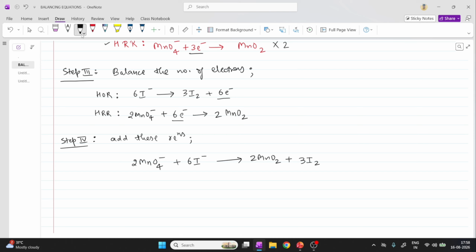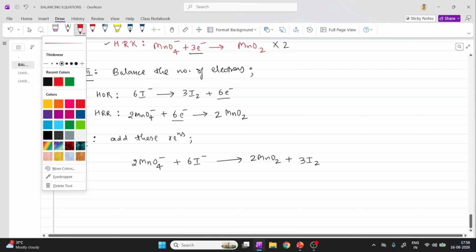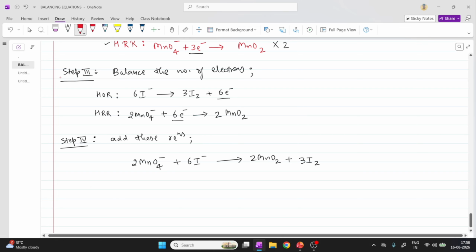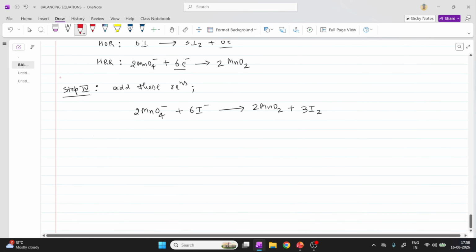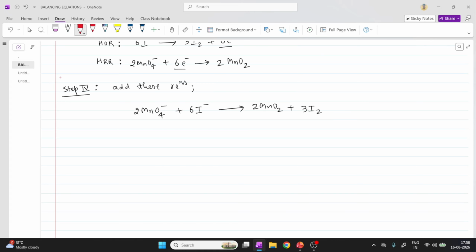Fine. So next step, I am writing again, step 5. After adding these two reactions, step 5 is balance charge. I'm writing these steps because this is the first example.